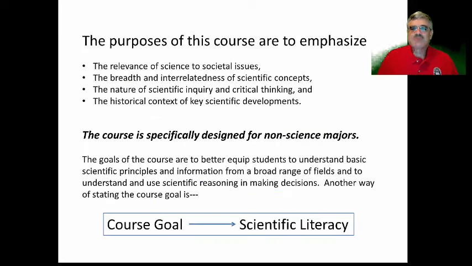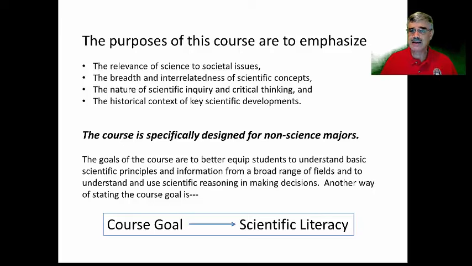Now, the purpose of this course is to enable you to understand the relevance of science to societal issues and the breadth and interrelatedness of scientific concepts. We'll be stressing this interrelatedness. And we'll be talking about the nature of scientific inquiry and critical thinking.